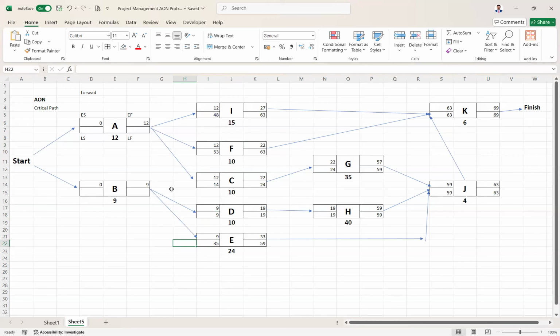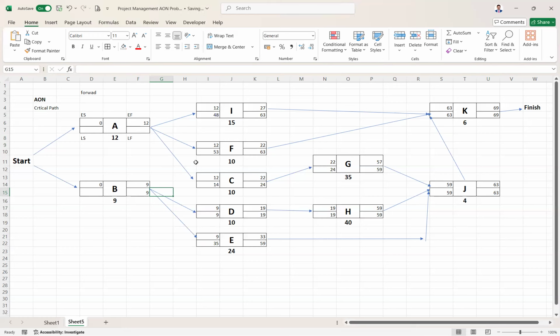Similarly, now you see B's late finish. It has two values. It can either take 9, or it can take 35. Now this is backward, and backward we take the minimum value. So the minimum of 9 and 35, it will take 9. Similarly for A, 48, 53 and 14.